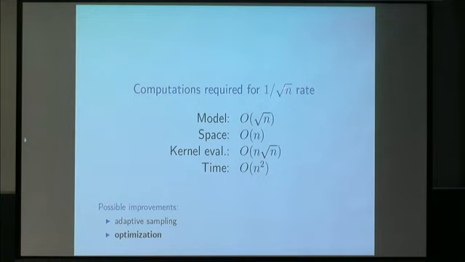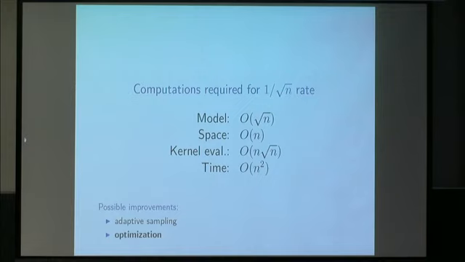So what do we gain here? First of all, the model, since it is expressed with respect to the Nystrom points, is only of square root of n elements. To compute the whole problem, we need n square root of n kernel evaluations to compute the matrices K and M, in space, and now only n squared in time, that is n m squared, with m equal to square root of n.